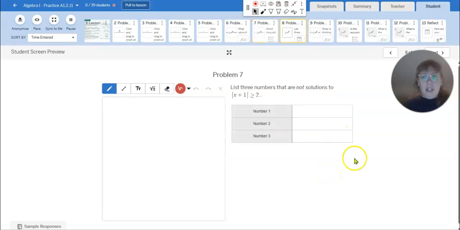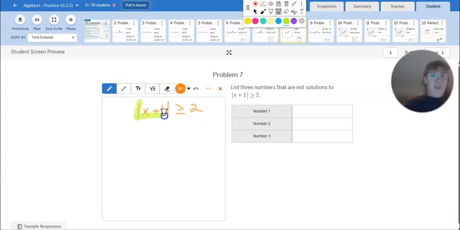It says list 3 numbers that are not solutions to the absolute value of x plus 1 is greater than or equal to 2. So if we think about this, what this means is what's inside these bars is going to have an absolute value of 2.